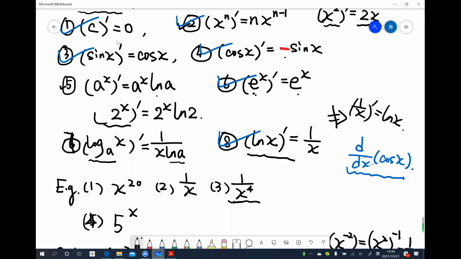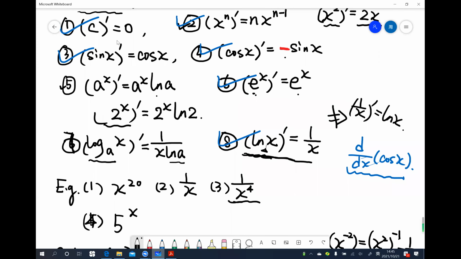Can you understand? This is the rule. This is the function. The derivative of the function ln x equals 1 by x. But the derivative of the function 1 by x does not equal ln x. So which rule are we following in this case? We can only use this formula as the function is ln x.